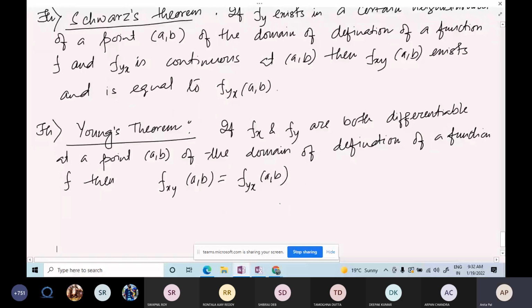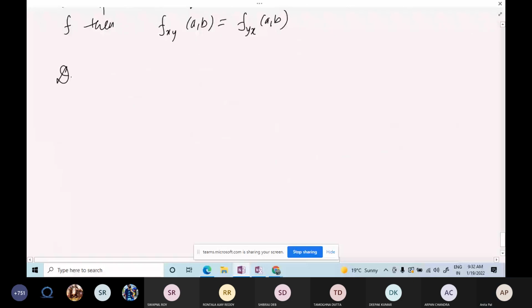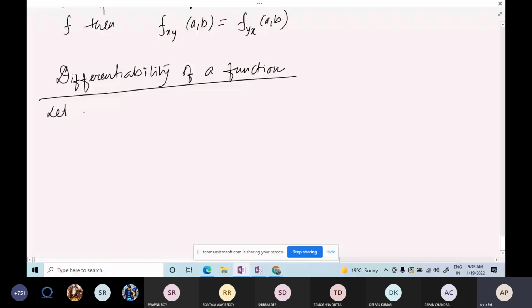So now let me come to differentiability of a function. Now we are taking two points. Let (x, y) and (x plus delta x, y plus delta y) be two neighborhood points. Delta x and delta y are very small changes in x and y.